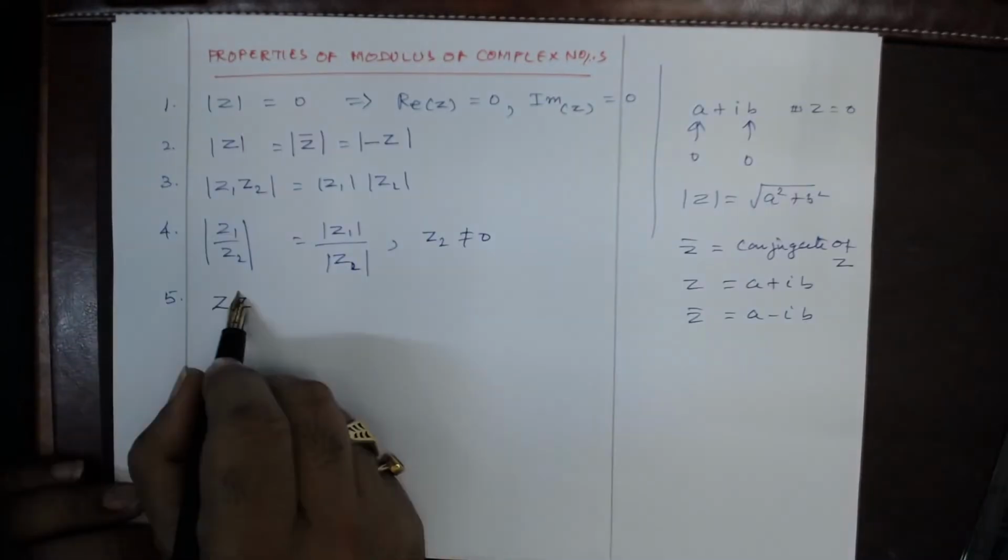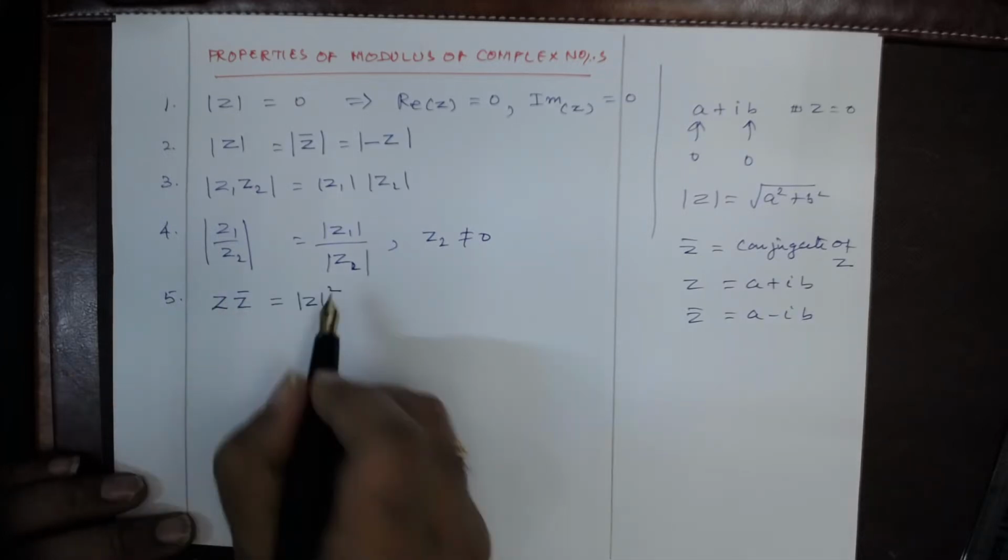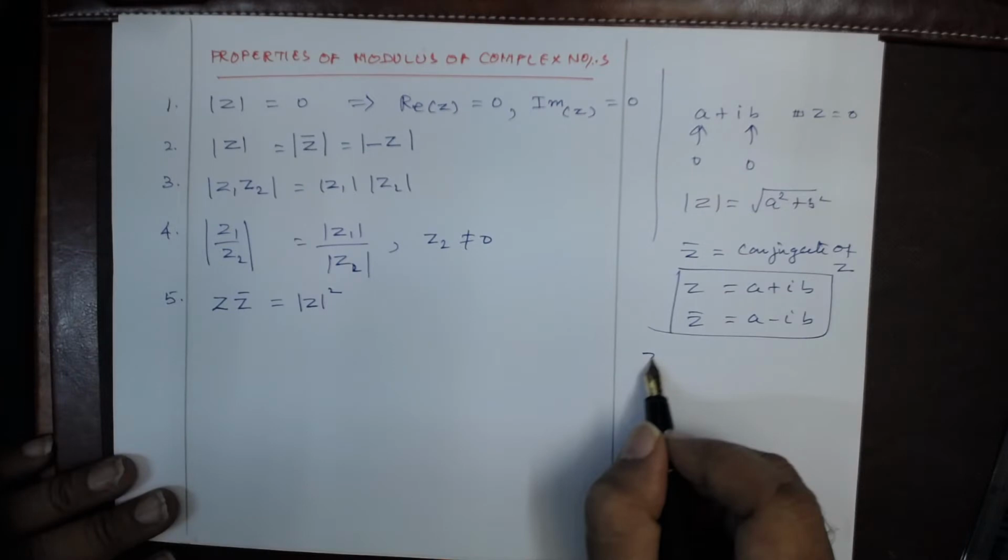Fifth one, that is complex number into its conjugate, that results in modulus of z squared. For example, z into z bar. What will you get?